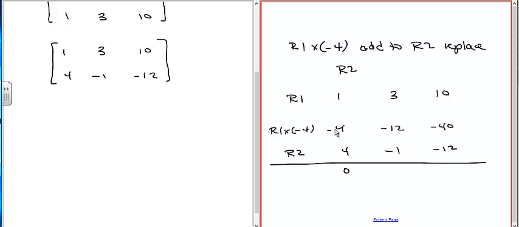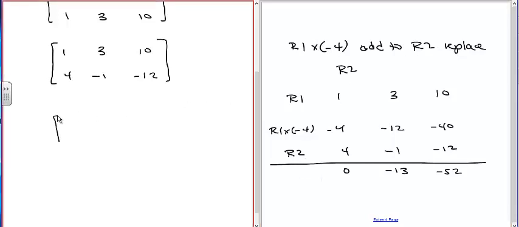Okay, negative 1 times negative 4. It's negative 4. Okay, add those two together. That goes to 0. This becomes negative 13. And this becomes negative 52. And then we're going to replace row 2 with that result. So you leave row 1 the same. Replace the second row by 0, negative 13, negative 52.